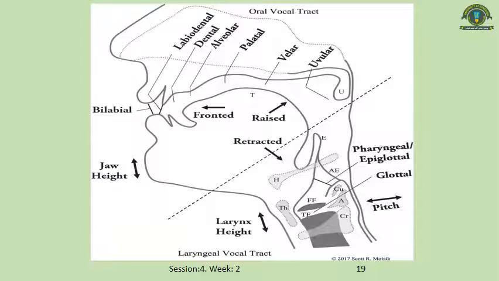Then uvular. If you open your mouth in front of a mirror, you can see a hanging piece of flesh inside your mouth, and this is what we call the uvula. Then we have the pharynx, and then the glottal, and definitely that is the larynx. You have to understand that is the voice box.